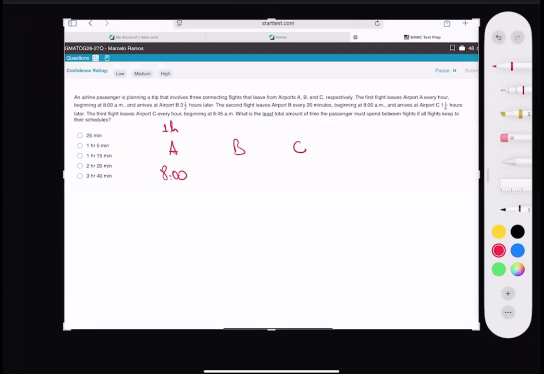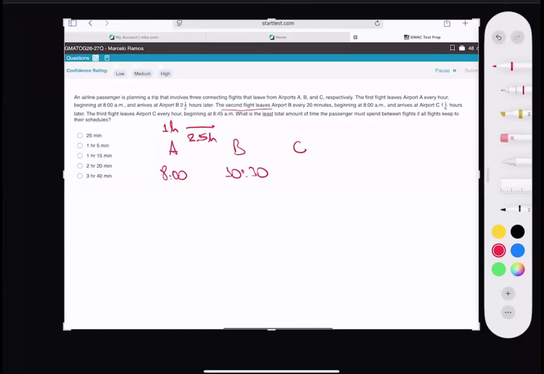And it arrives 2.5 hours later. So 8 arrives 10:30, for example.